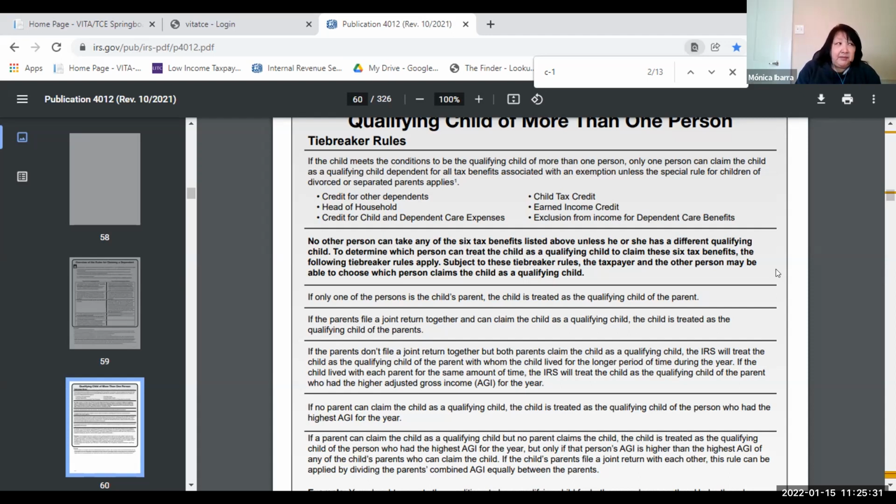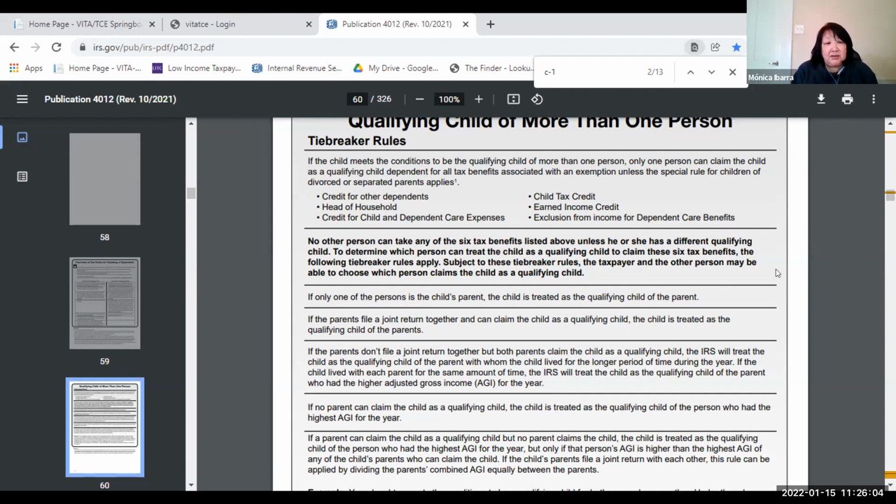And then there are times when two people have claimed the child. Mom filed first and she claimed the child, and dad filed second. Because mom filed first, dad's return is rejected. That doesn't mean that if dad is the person who should claim the child and is entitled to claim the child, that he is unable to claim the child.